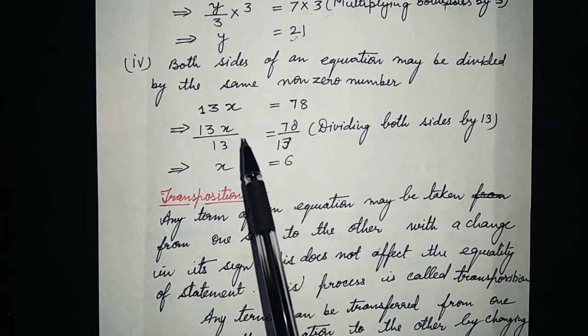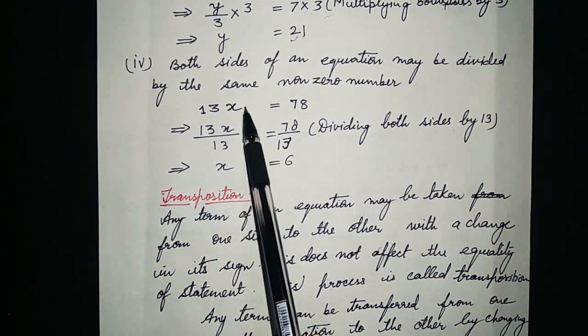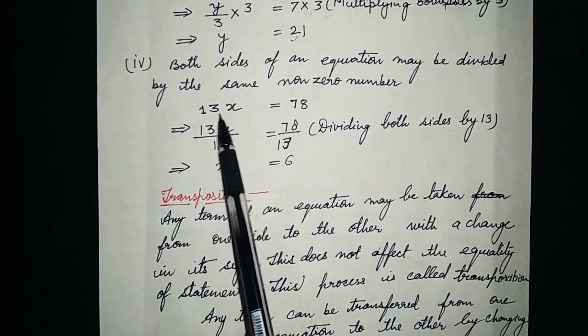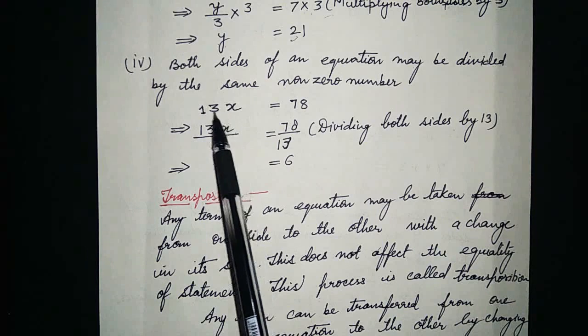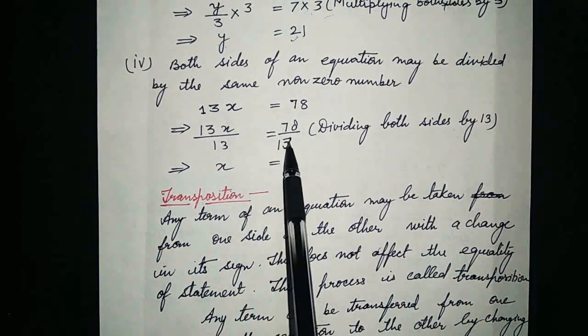We want the value of x. Only x we want to calculate. So for that we want to eliminate this 13. So what will we do? We will divide both sides by 13.